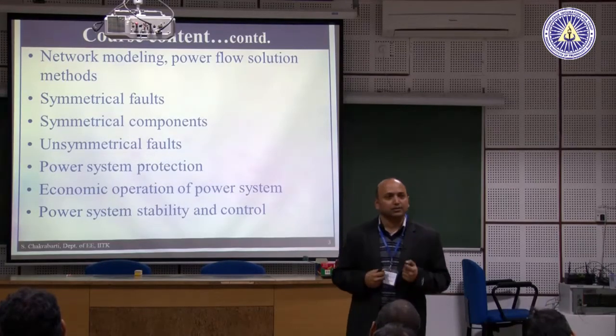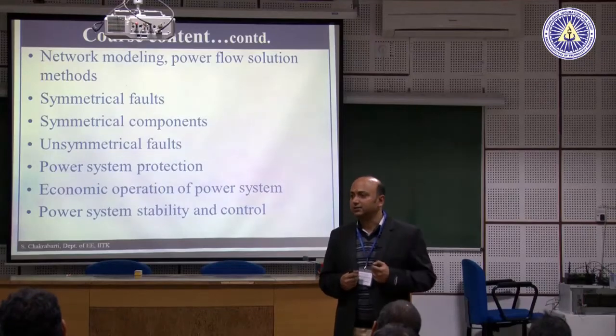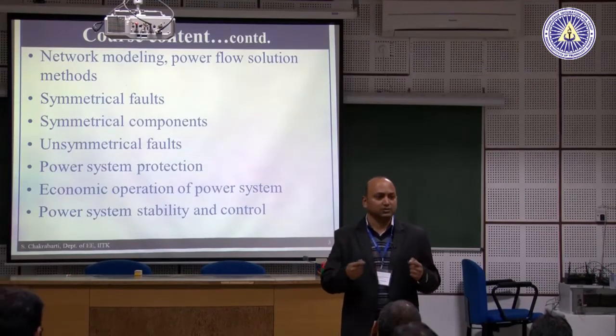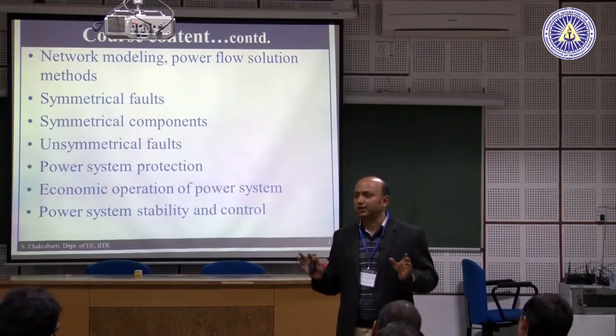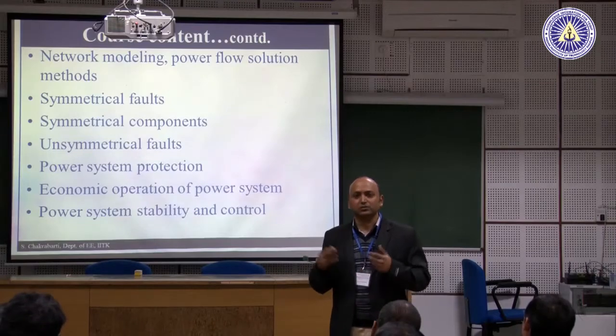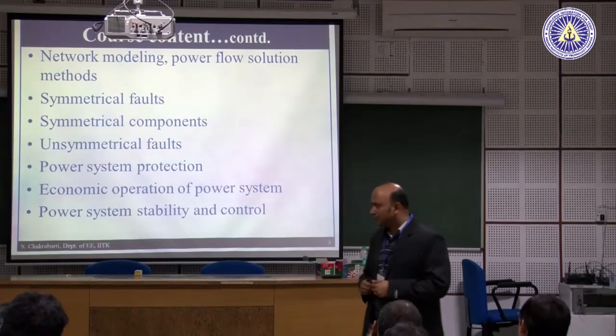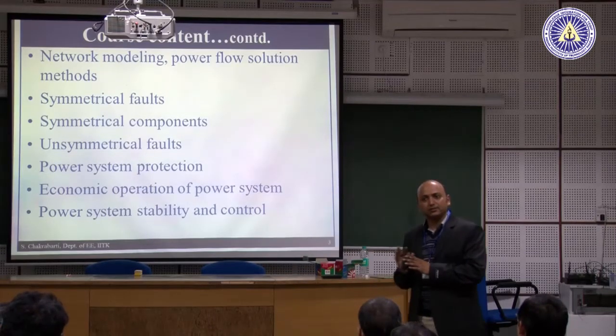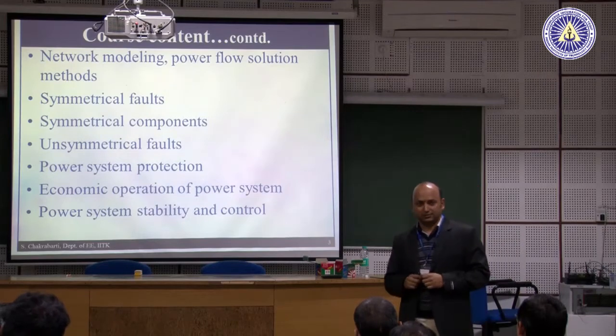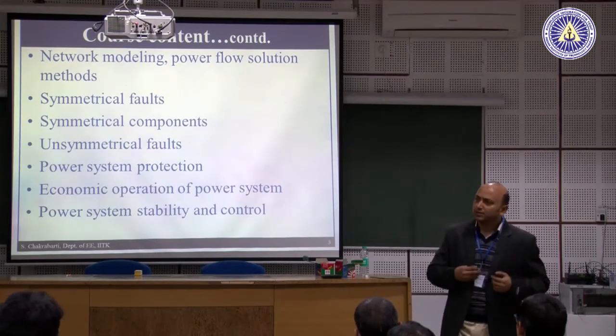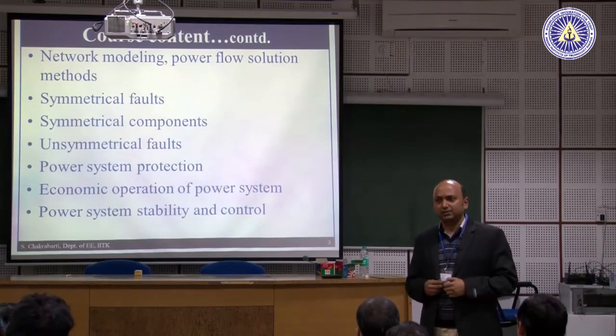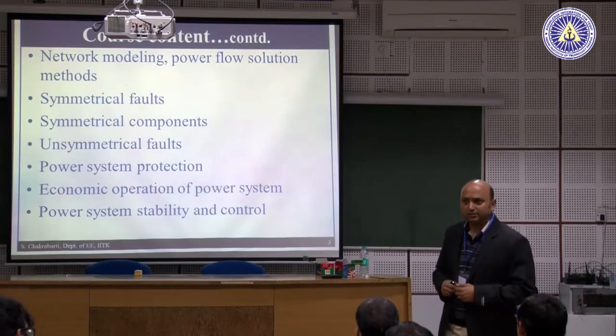The term dynamic stability, which is very frequently used in many textbooks, is no longer defined. We should not use those terms. So, you have to go by the state of the art definitions, and there you can refer to the latest IEEE standards and IEEE reports, IEEE, IET, IEC, and also CIGRE.